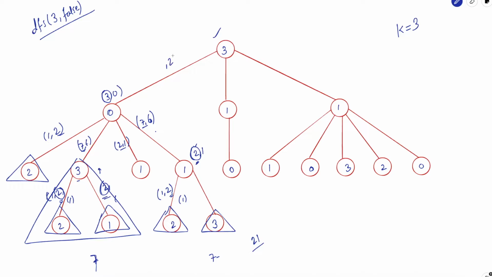Now if you take this edge, you are saying that this will be changed to 3, right? In this case the value will change, this will become 0, this will become 3. So what you want is actually 3, that is you want to apply the operation, but here you are saying that you have not applied the operation, right?